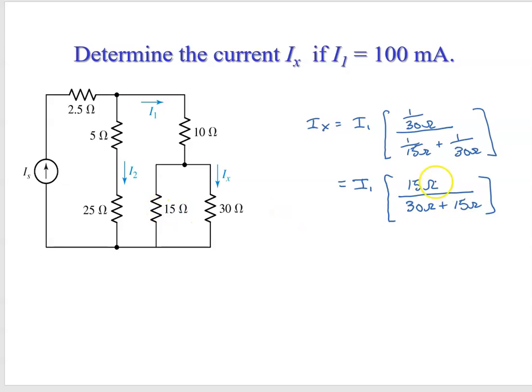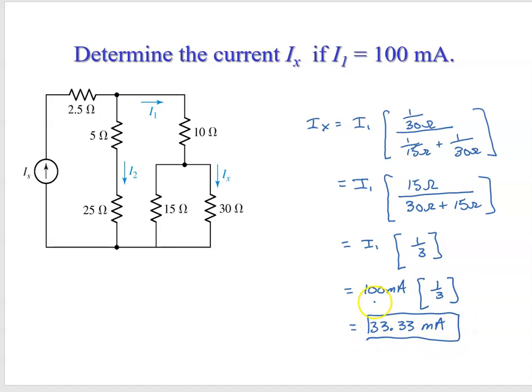So we have the other resistor in the numerator, and that gives us 1/3. So it's equal to I1 times 1/3. We can substitute in for I1, 100 milliamps times 1/3, which is equal to 33.33 milliamps.